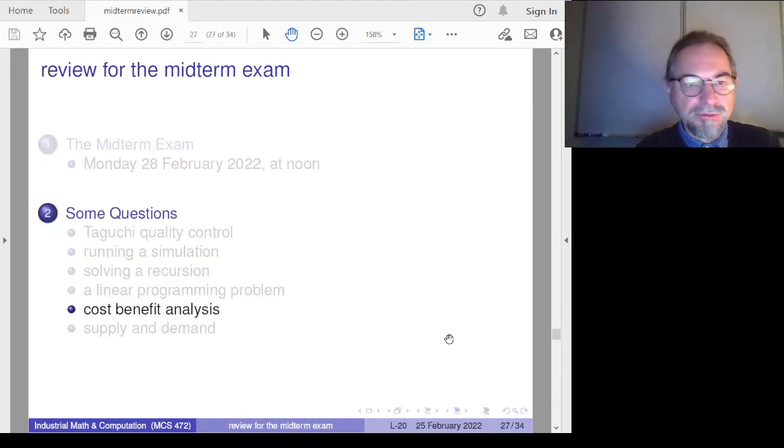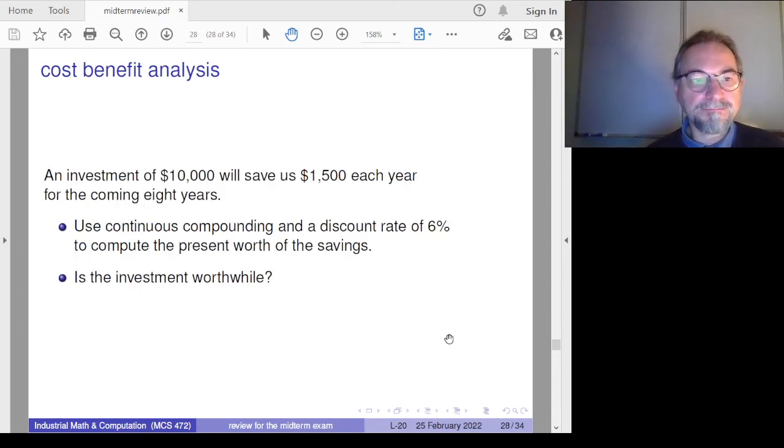Now we still have two problems, for which I still have 20 minutes time, but I don't think I will even need 15 minutes. So, a cost-benefit analysis. We have an investment that we make today. So today we have to come up with $10,000, and that will save us $1,500 each year for the coming 8 years.